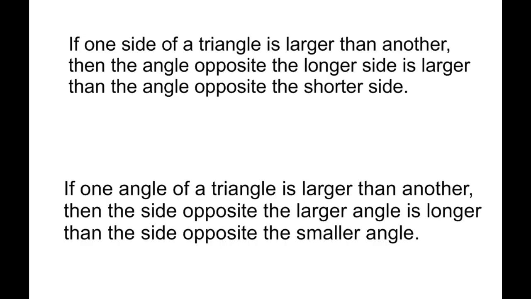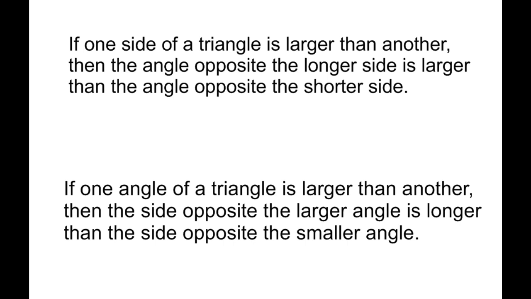All right, I'm going to explain both of these. I know they're a little lengthy, so I'm expecting you guys will pause this, write this down, have it in your notes. But really, what this first piece is saying is that across from our largest side of a triangle is going to be our largest angle. And across from our shortest side is going to be our shortest angle.